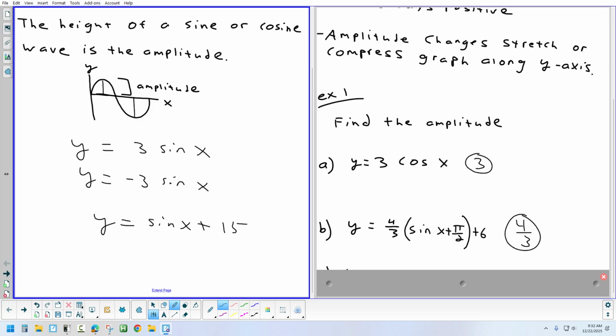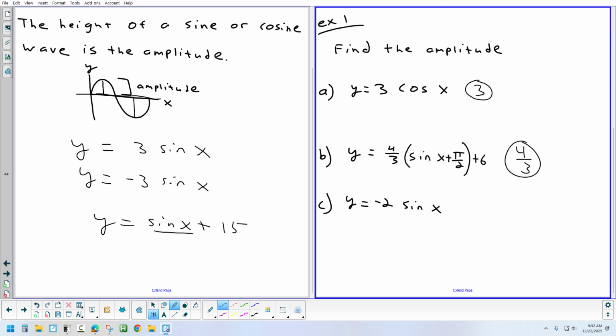But the amplitude measures the distance from the center of the graph to its highest point. And that would still have an amplitude of 1. How about that one? y equals negative 2 sine x. Yeah, just 2.